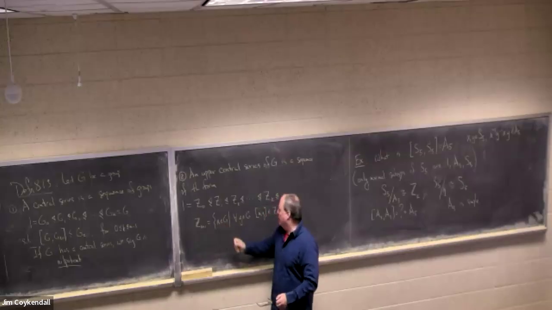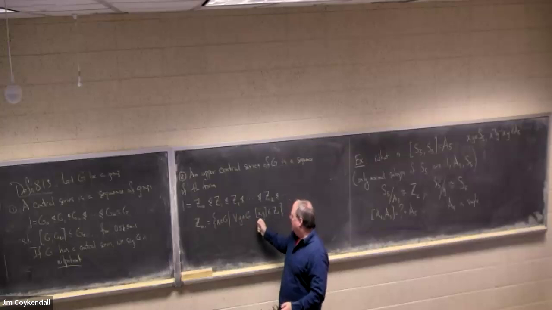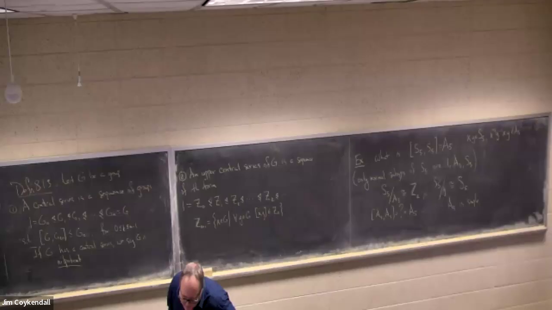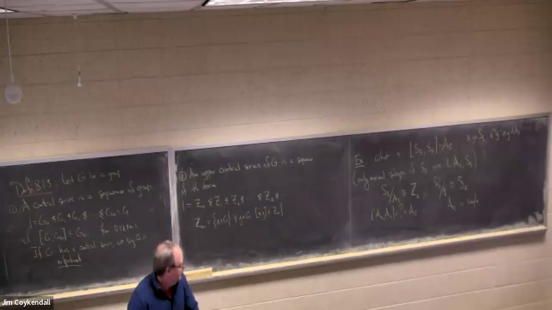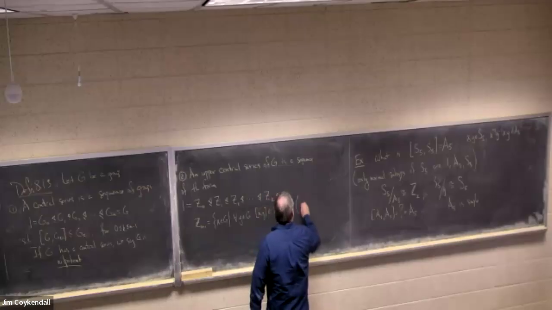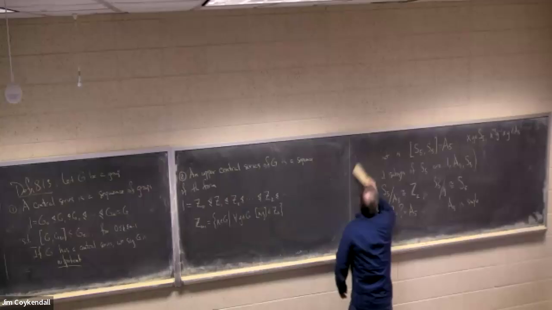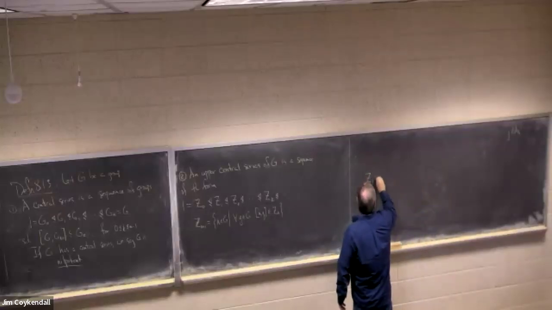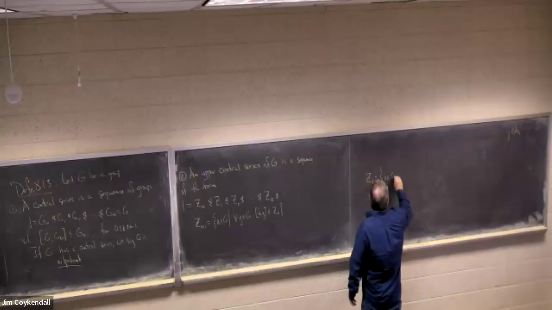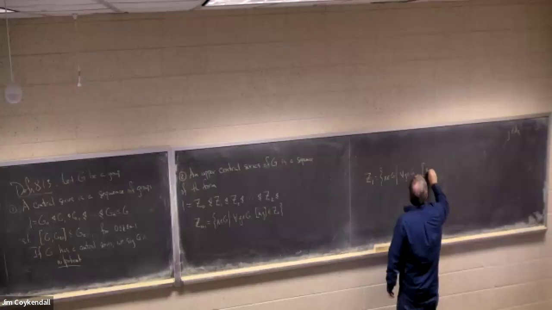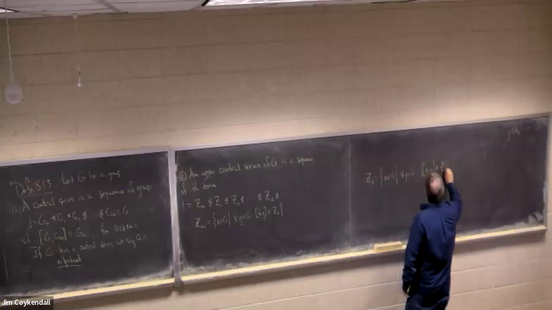So Z1 is every x in the group such that for all g in G, the commutator xg is in Z0, which is one.